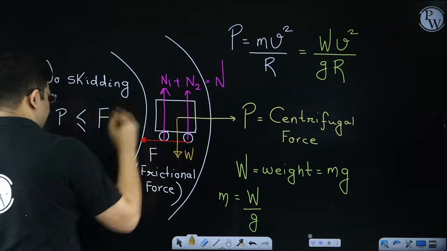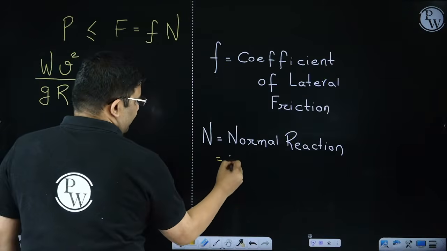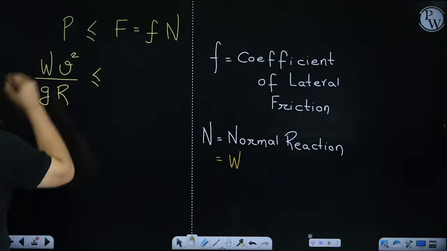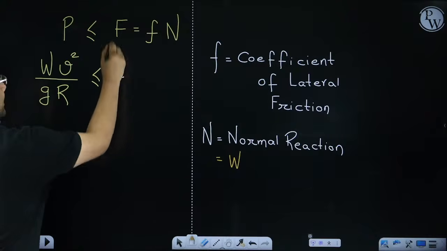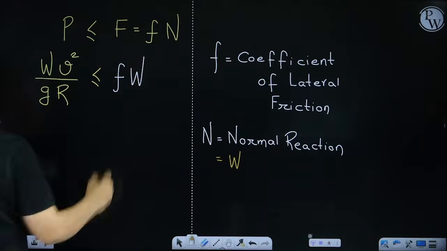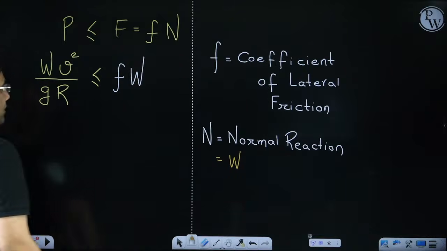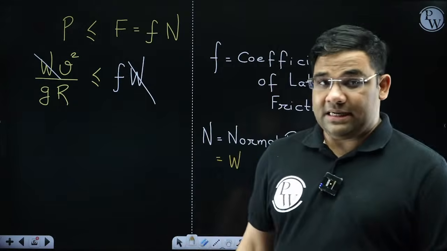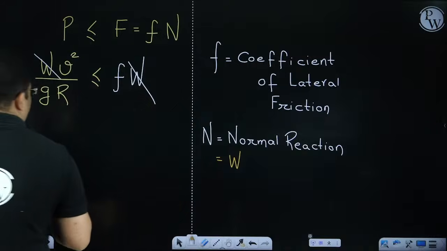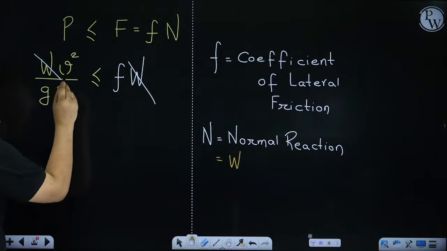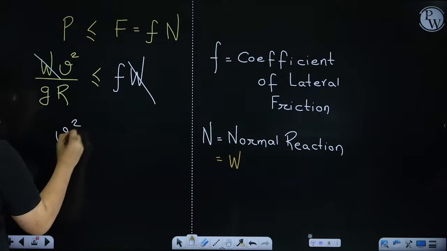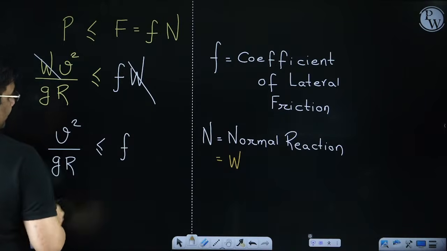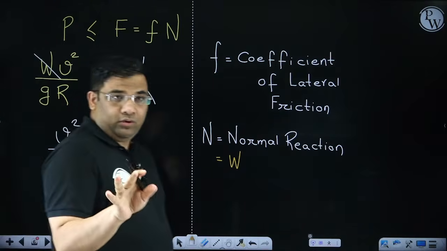So in place of normal reaction, I can write weight. The centrifugal force will be less than or equal to the frictional force, which is F into normal reaction, that is W. Now this W gets cancelled. So for the no skidding condition, we get the equation V square by GR should be less than or equal to F.